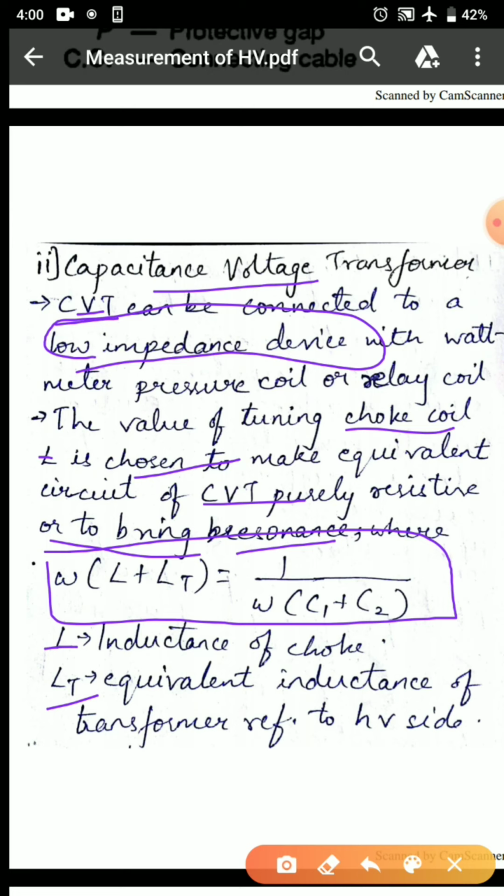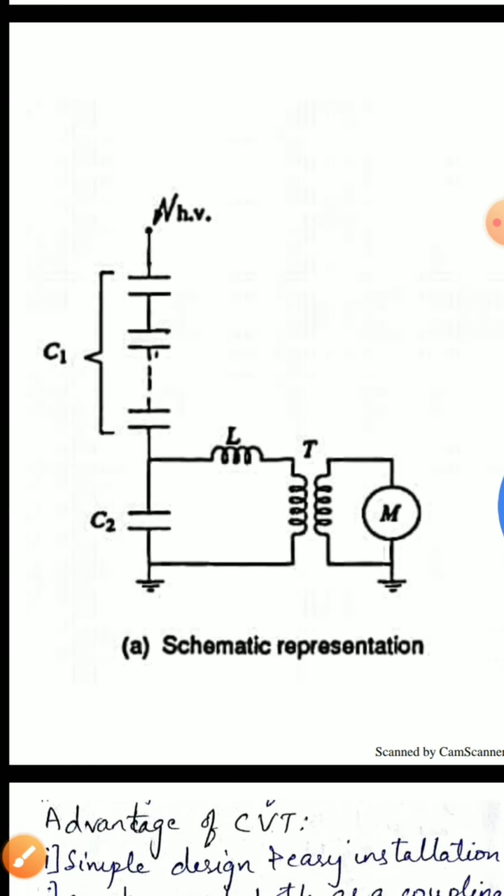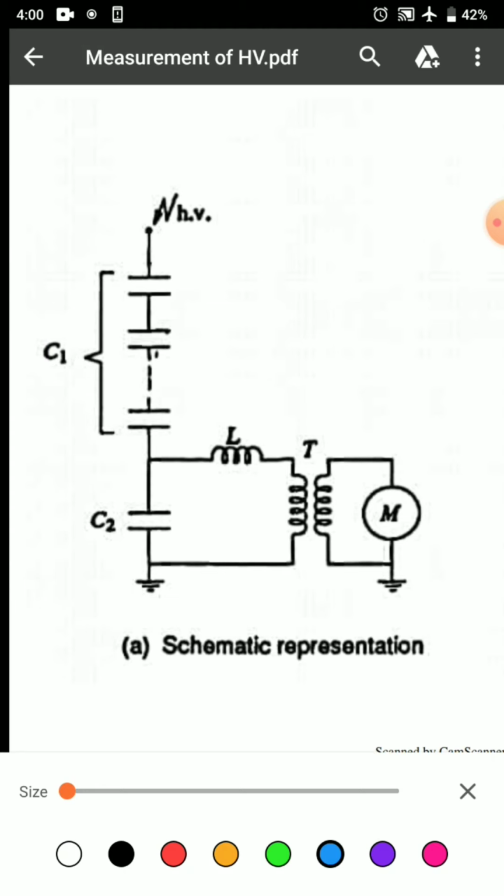Let us see the circuit setup for a CVT. Capacitor C1 is made of several high voltage condensers.